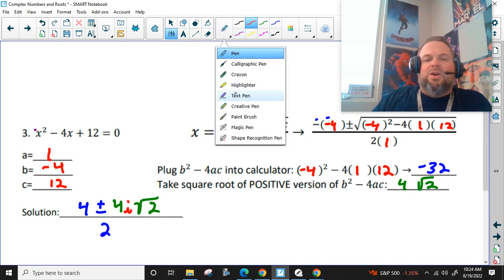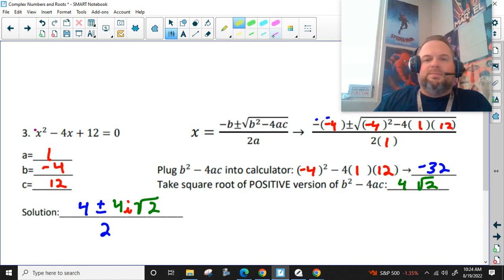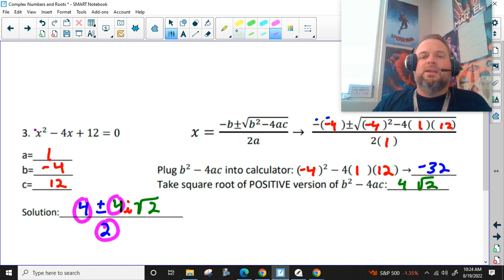All right, we should notice that all these whole numbers are divisible by 2, right? Yeah, it's 4 and 2. So you can actually factor out a 2 from all that.